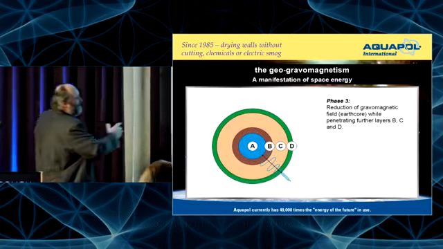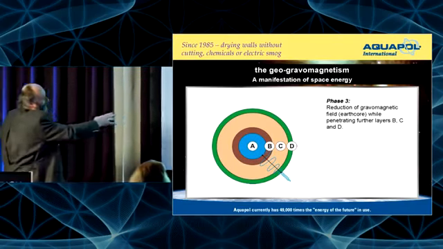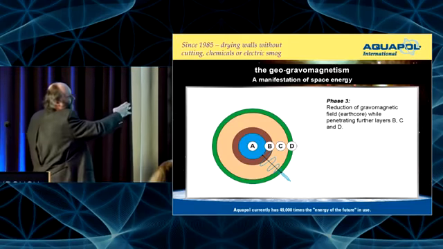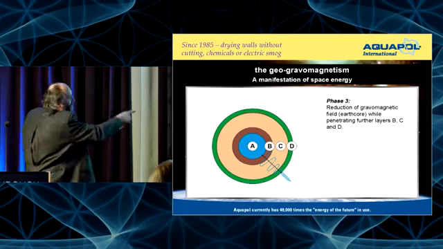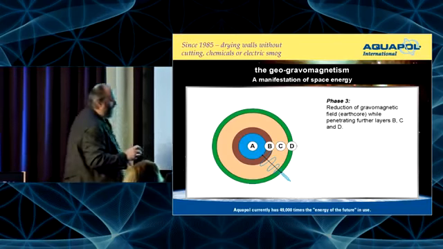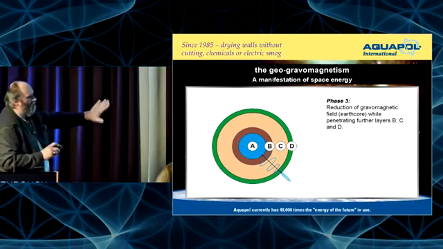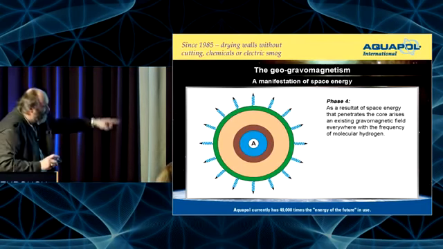So the next thing is it goes to the other layers, and there is a reduction of this field, because matter is a resistance to every kind of field, basically. So they get a reduction, but come out here. You see that at this point with a very small signal, but it's still there. And then you have it all over the world.